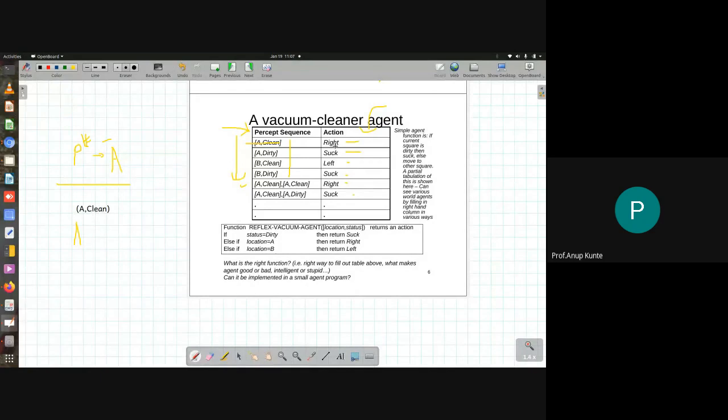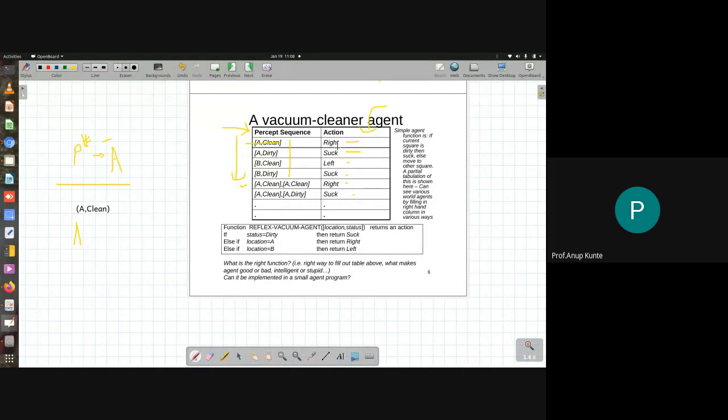So this is the percept sequence, and this is the action to take. I guess you have understood what this table is, and you have to create this table before you start operating, because once the table is ready, only then can you start operating, because you don't know what percept sequence you will receive, right?